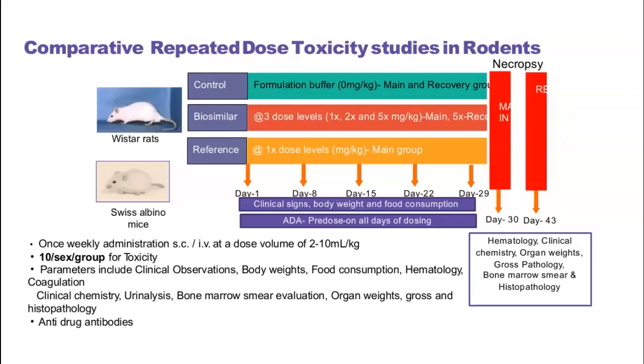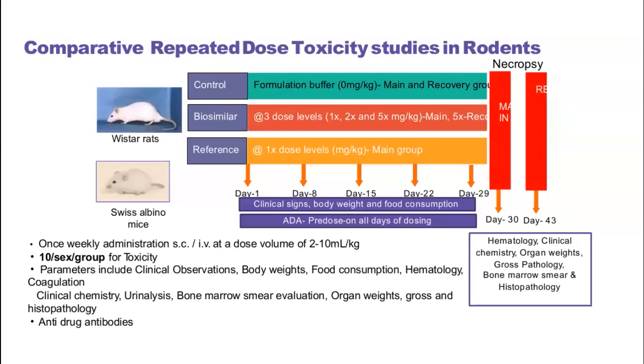We can give the drug on day 1, day 8, day 15, day 22, and day 29. The parameters we look into are clinical signs, body weight, food consumption, and other parameters like clinical chemistry, hematology, coagulation, urinalysis, bone marrow smear evaluation, organ weights, gross pathology, and histopathology. We have to analyze all the parameters.